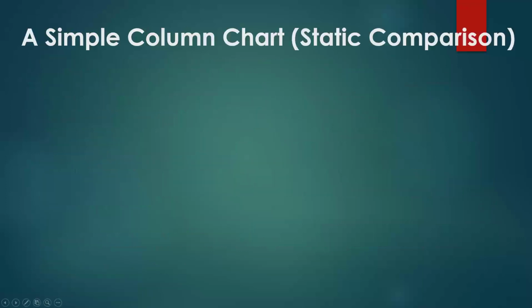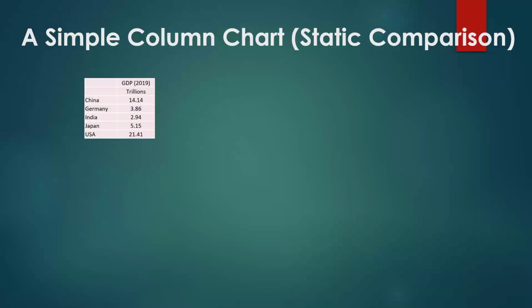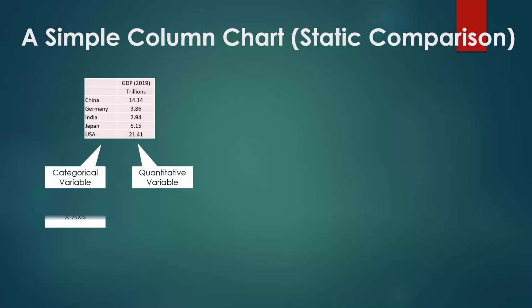Let's look at an example of a simple column chart that does a static comparison, which means on the x-axis we have a categorical variable. Suppose this is our data. This is our categorical variable, country, and this is our quantitative variable, GDP in trillions for 2019. The categorical variable goes on the x-axis, and the quantitative variable goes on the y-axis.